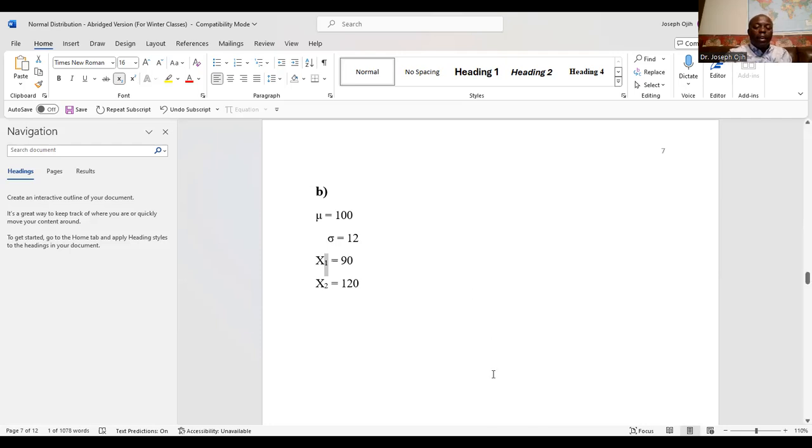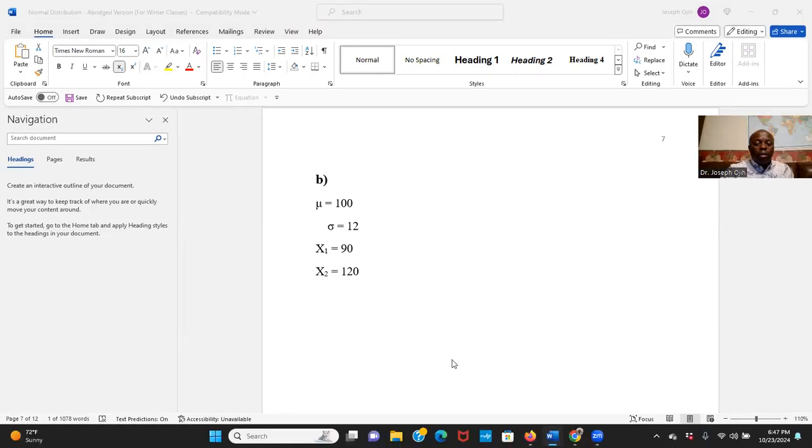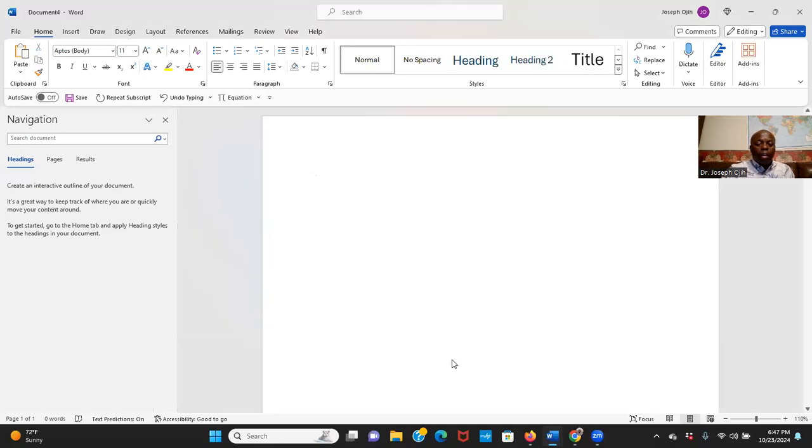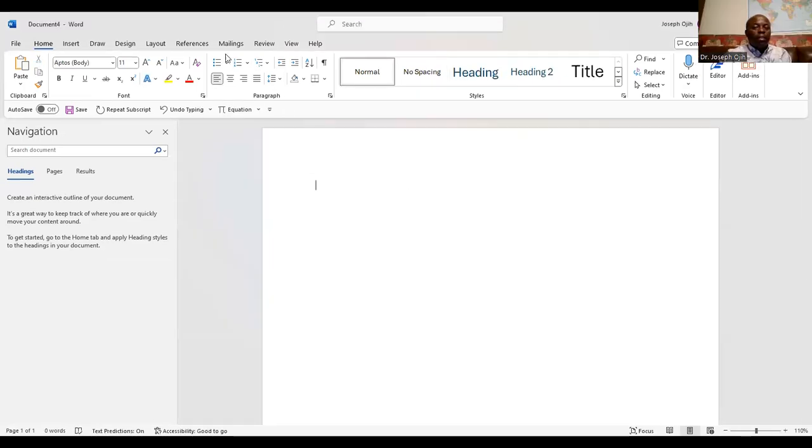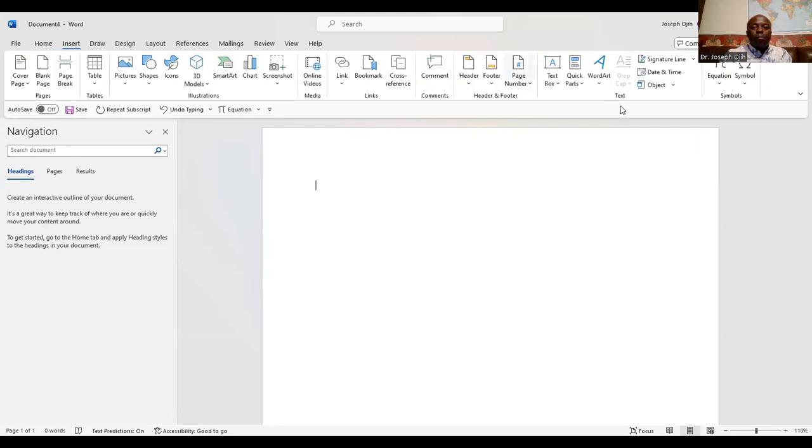So let's go to where we can get the formula correctly and use it to transform. I'll take you to this workbook, which will allow us to put the correct formula there. So I'm going to insert the formula.